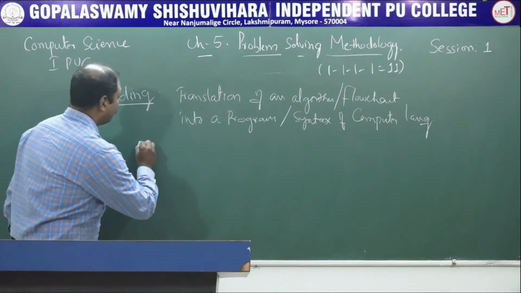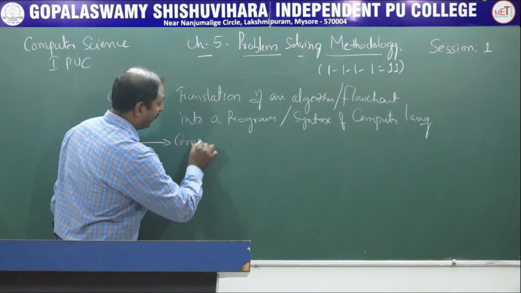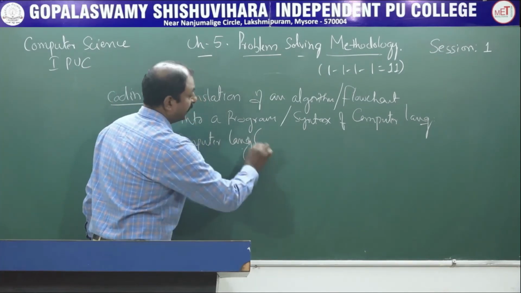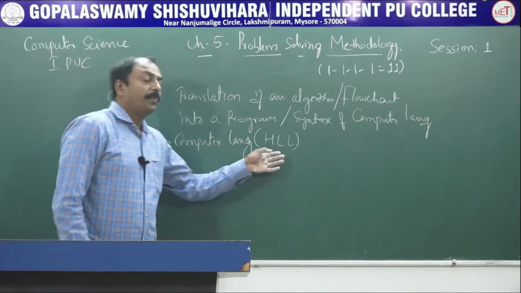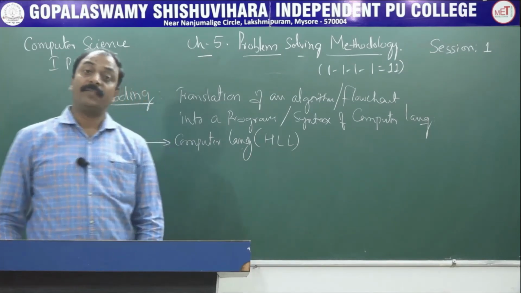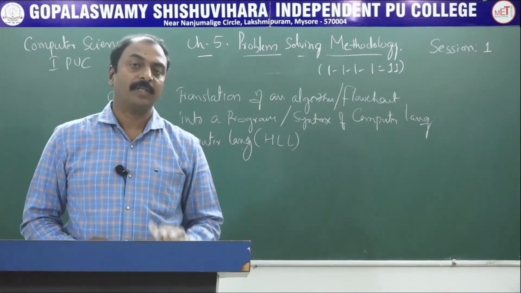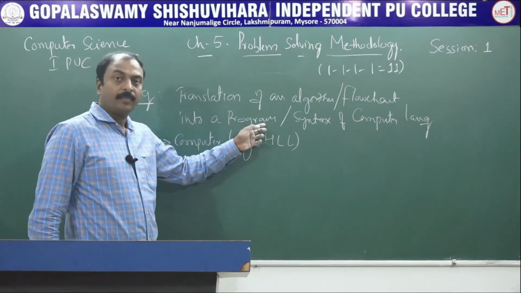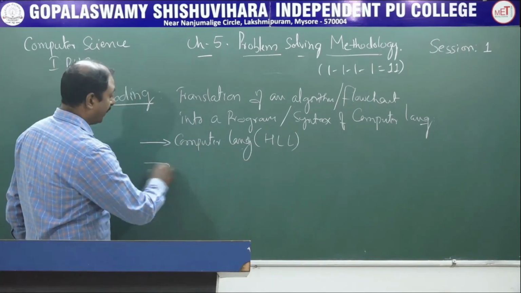This computer program we write by using a computer language, that is high level languages. You know that. In my previous sessions, you learned different types of languages. We have different levels of language like high level language, machine level language, as well as assembly level language. What is coding now? Coding is nothing but writing a program by making use of a high level language. We have different high level languages.